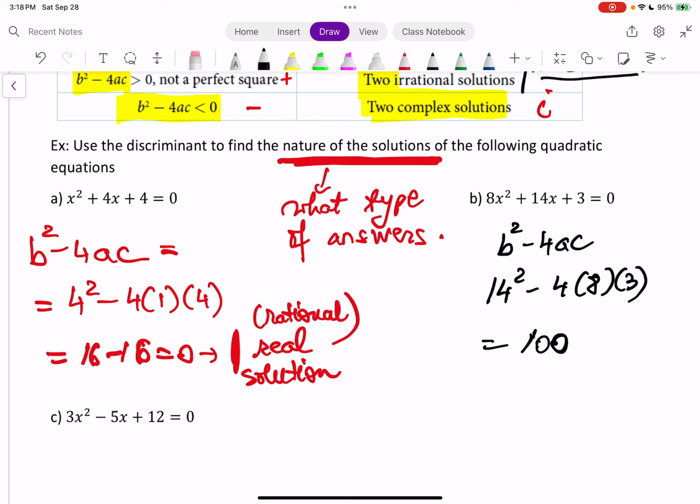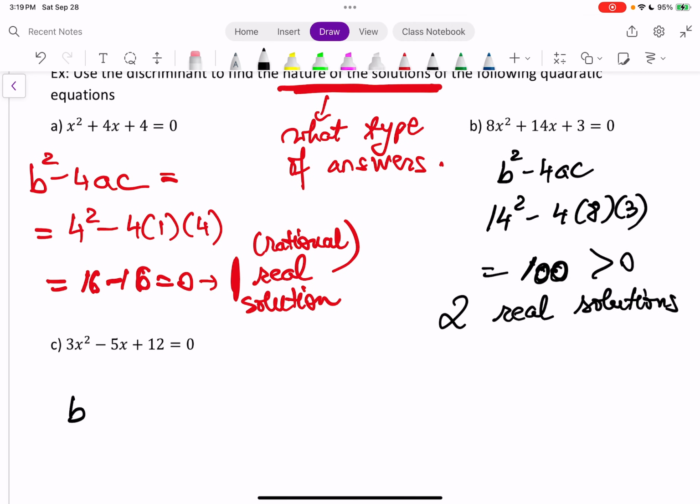Okay. So when you get 100 inside the square root, that's going to be the square root of 10. So you're not left with a square root. But again, what I need you to simply recognize is that you will get two real solutions. The answer is positive. But also, yes, your answers will have no square roots in them, and therefore they will be rational.